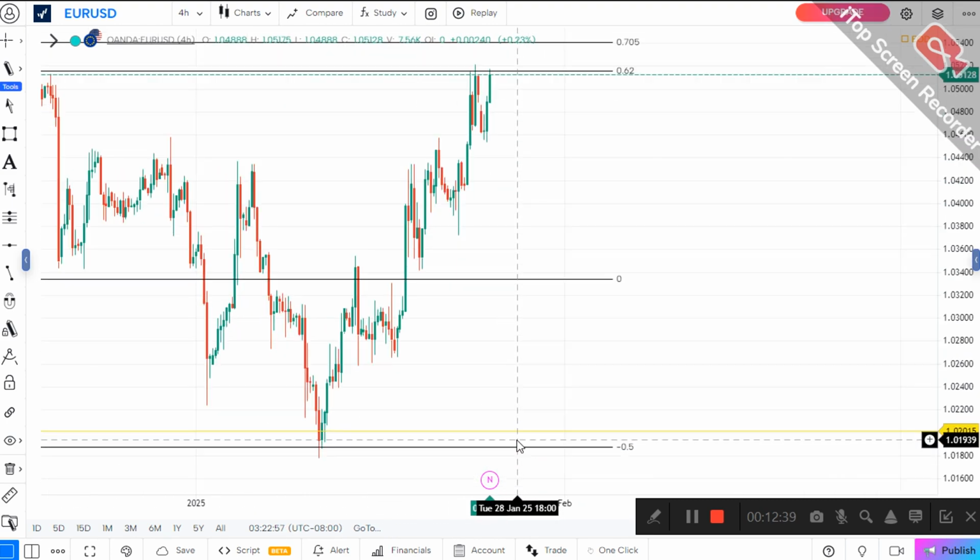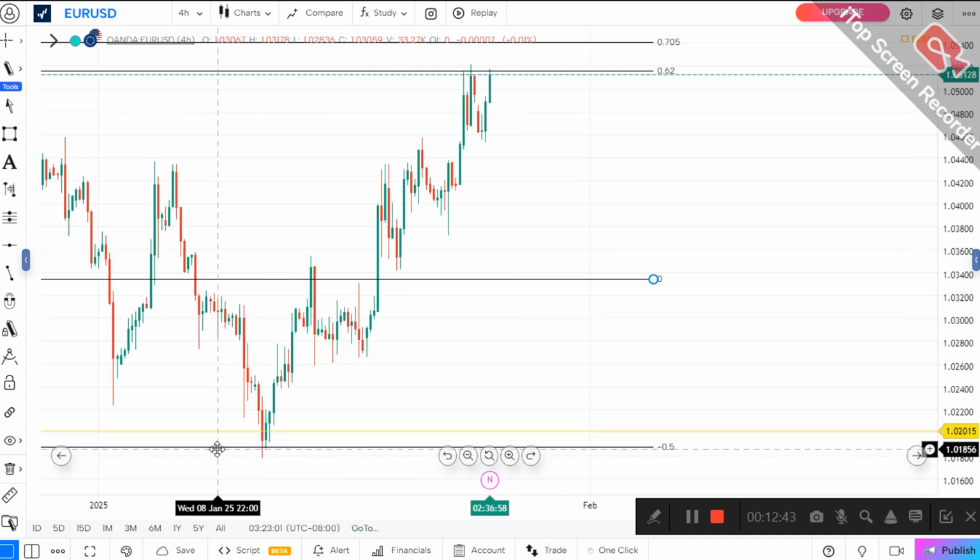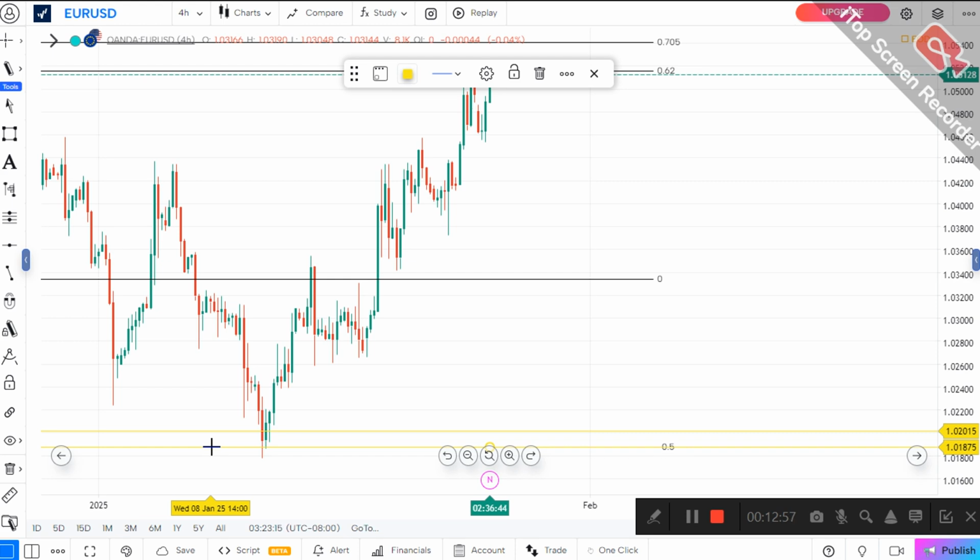From that particular low, oh my God. So again, it rejects the same level. So this will be our second horizontal line. Yes.